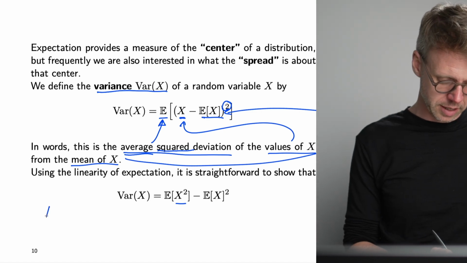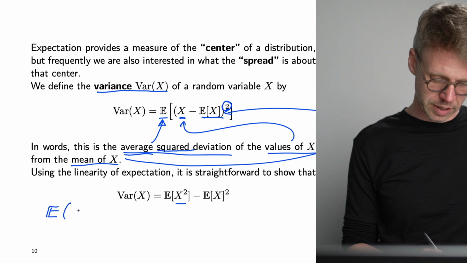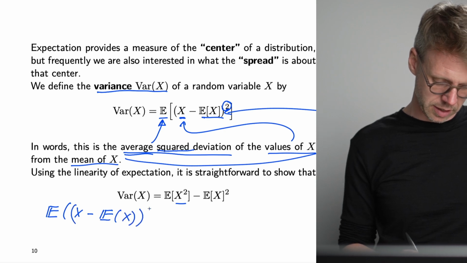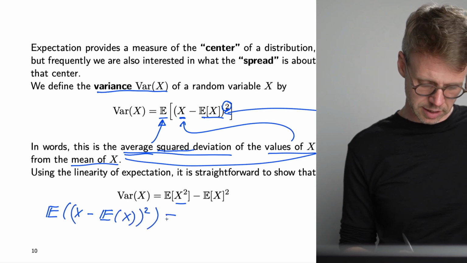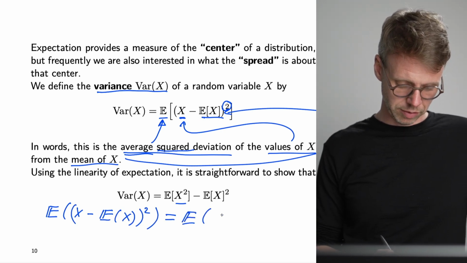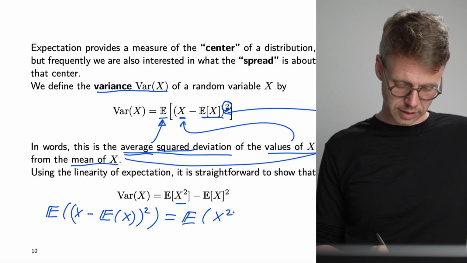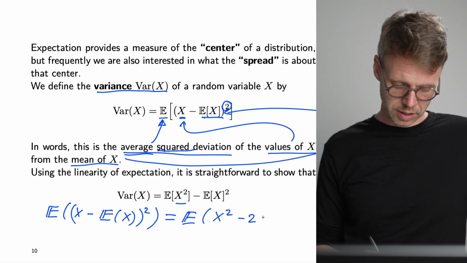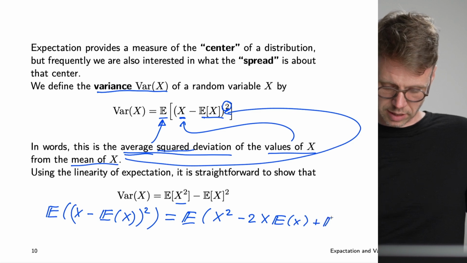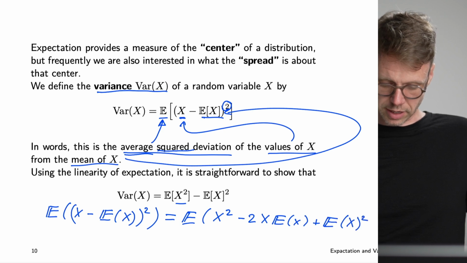So E of (x minus E of x) squared is equal to E of x squared minus 2x E of x plus E of (E of x) squared.